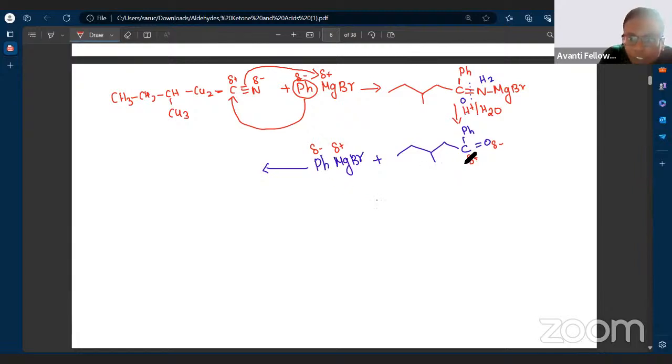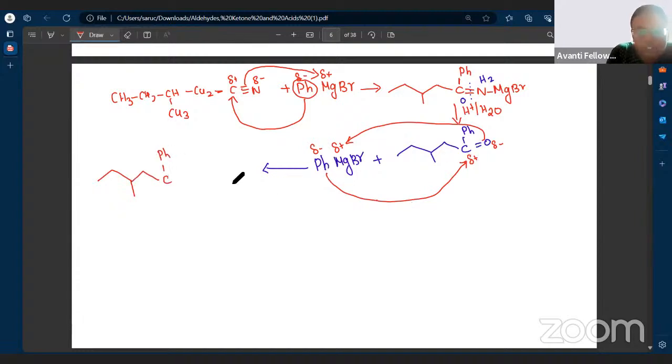This Ph will go to the carbon and oxygen will take up MgBr. So you'll be getting CH3CH2CH(CH3)CH2C with Ph, Ph, and then a single bond to OMgBr.